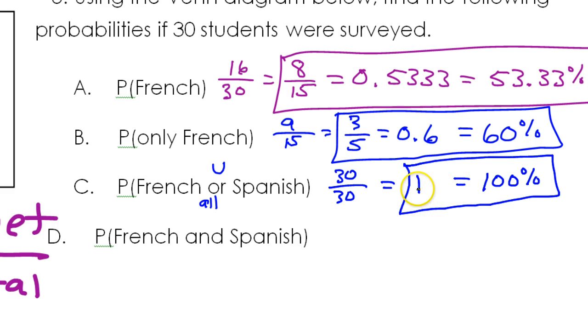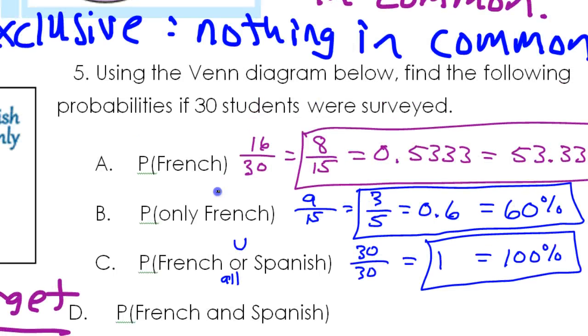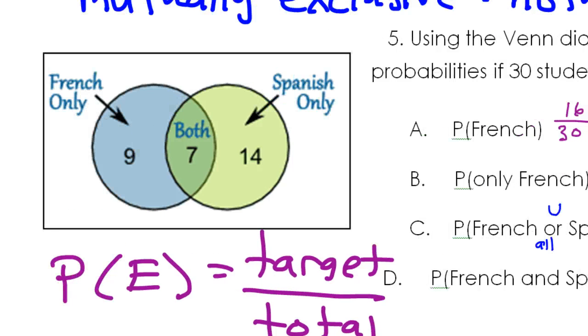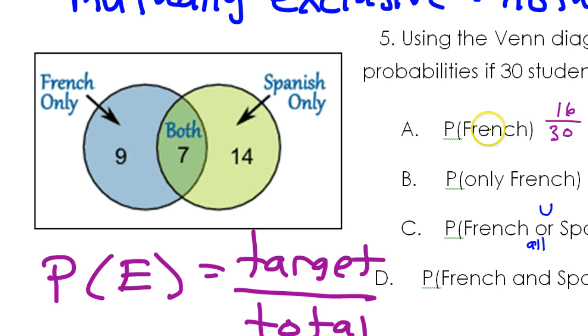So it's a 100% certainty of picking somebody that speaks either French or Spanish, based on this sample space, because these 30 students all speak either French or Spanish.